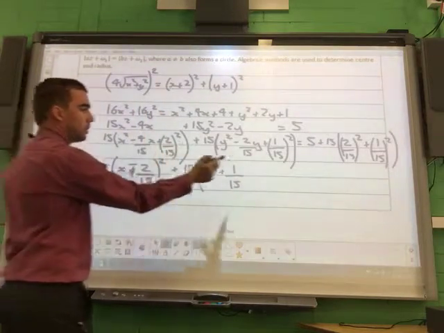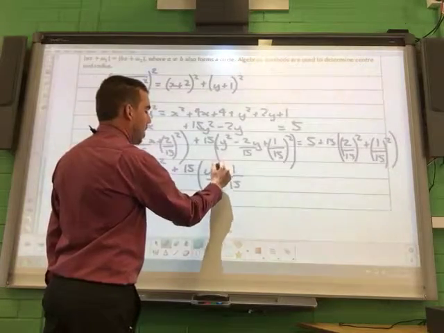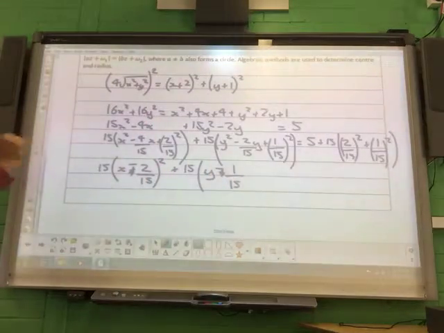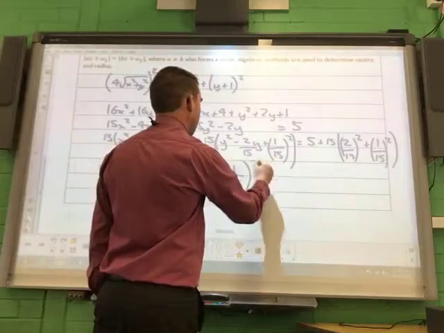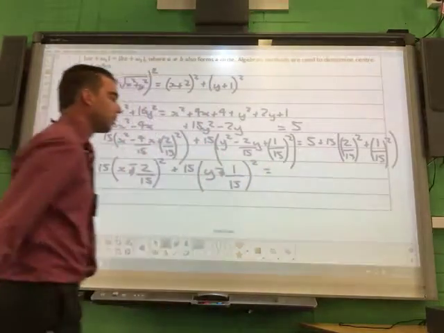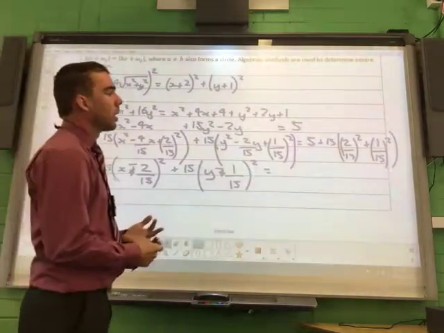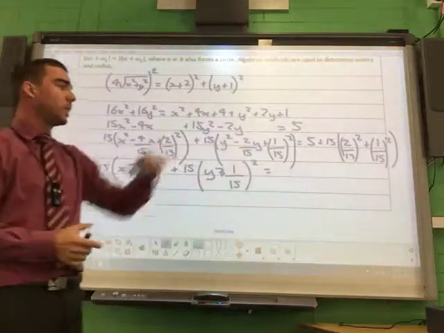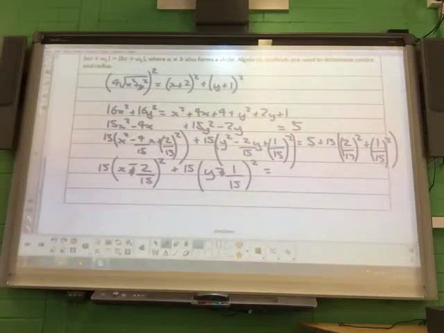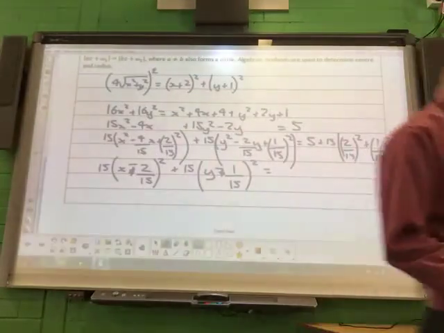This is minus because the middle terms are negative. So to make it a bit easier for me now, do you want to just calculate that on the right-hand side?